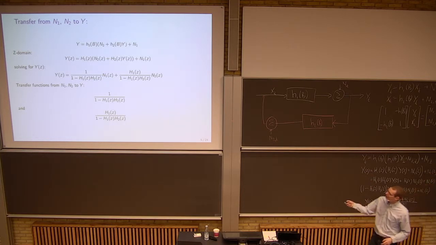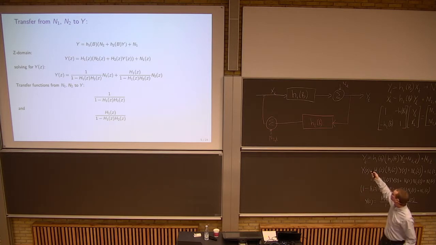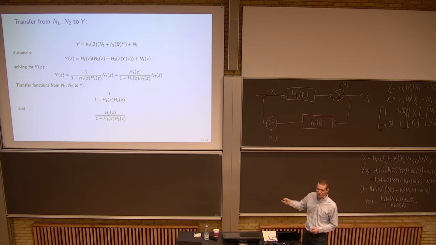That's the only thing extra that is done here. So that means I have the transfer function from n1 to y here and from n2 to y there. So from n1 to y gives you a direct part that gives you the 1, but then there is kind of a dampening or whatever amplification by the system that gives you this fractional part.